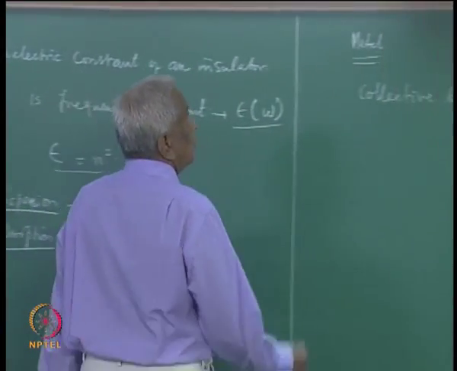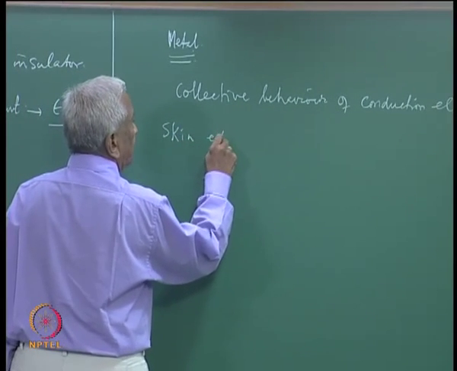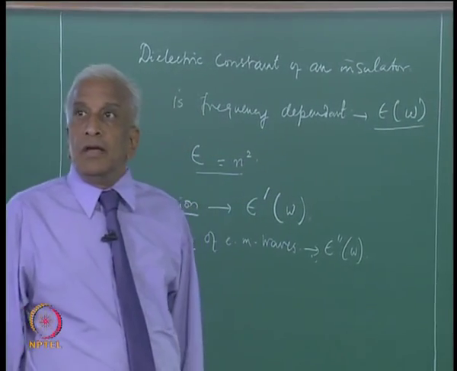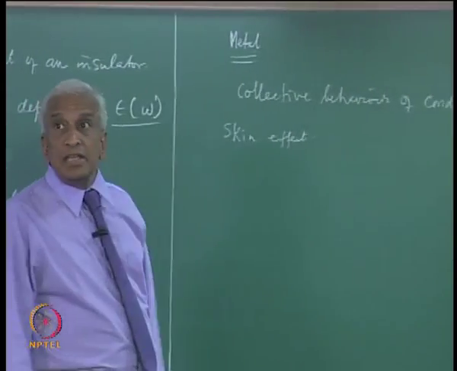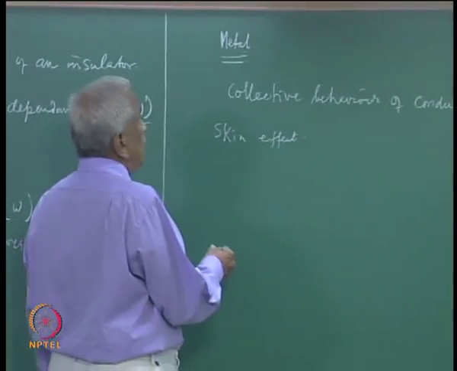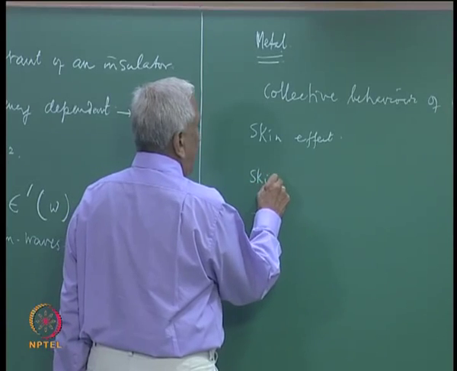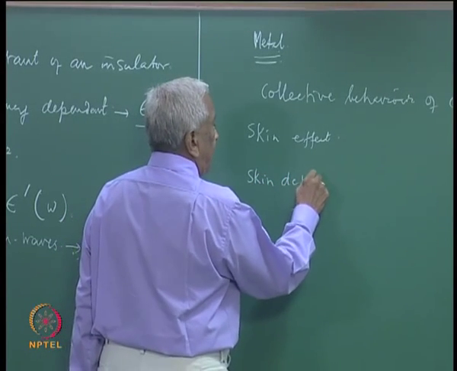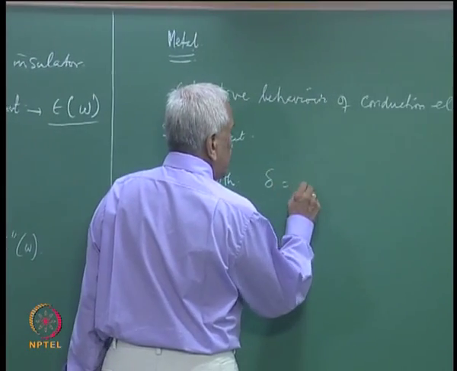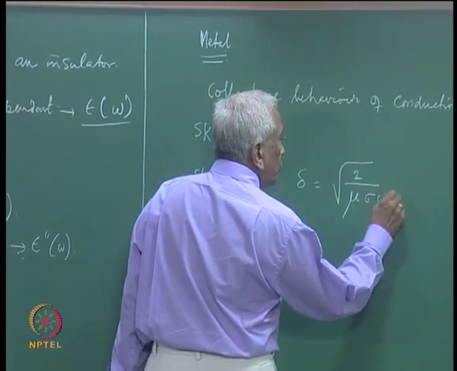In particular, one remembers that there is a phenomenon called the skin effect, which is characteristic of metals, and this results in the waves being able to penetrate the metal only up to a short distance named the skin layer or skin depth, and this depth is usually given by root of 2 by mu sigma omega.